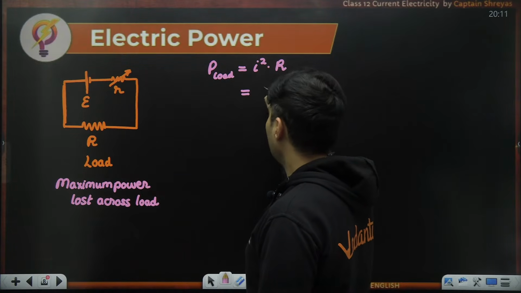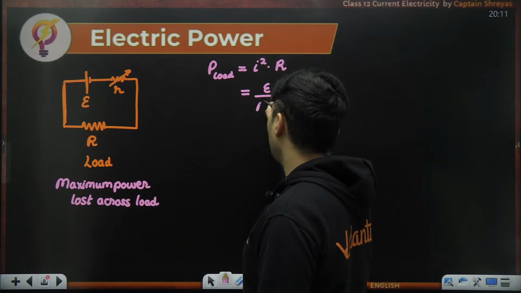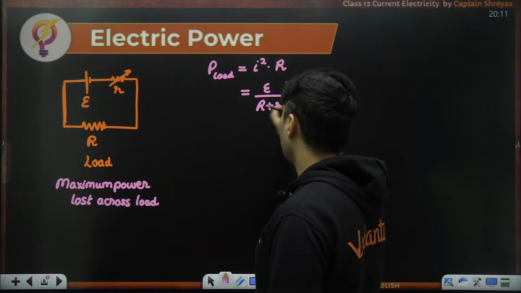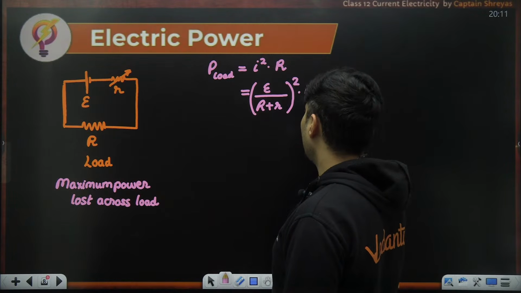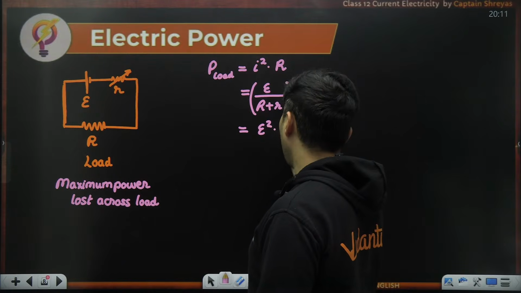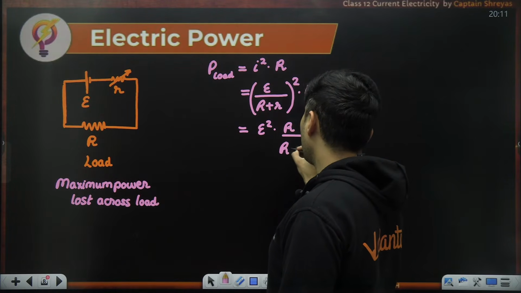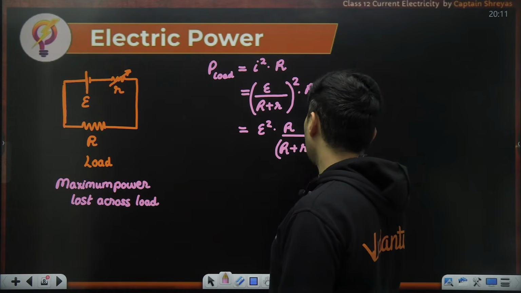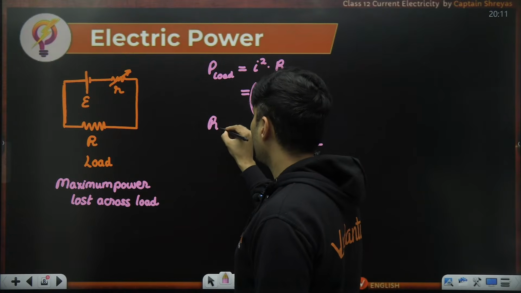The current will obviously be EMF divided by the total resistance, but I have to square it. So into R, which is as good as saying E square into R divided by (R plus r) whole square.